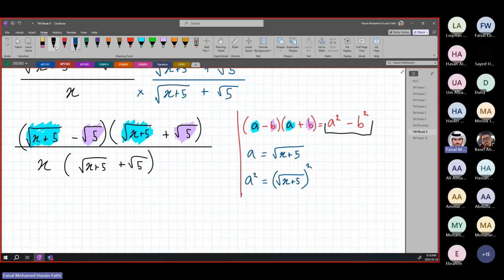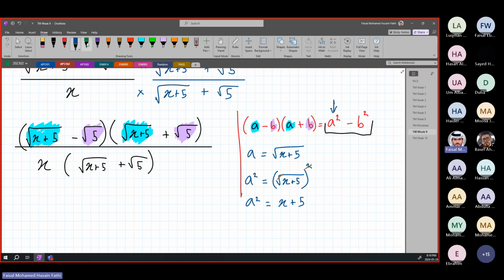And if you remember from before, if you have a square root and a square, they cancel each other. So this will go away with this, and you will get your final a squared is equal to x plus 5. Okay? So now you have this a squared value, this value, then you can plug it back in a squared.